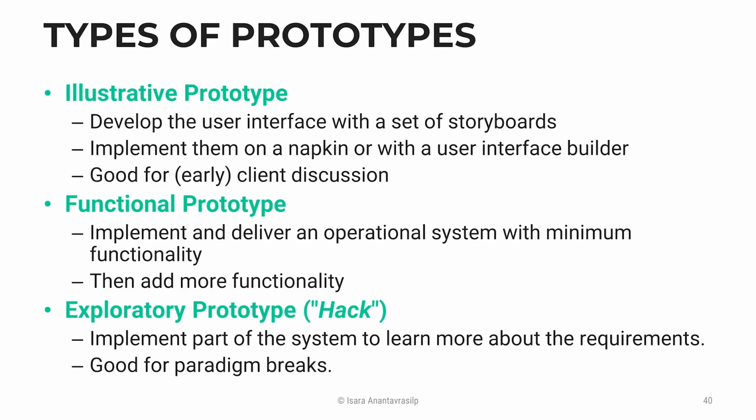You can also do two things with this kind of illustrative prototype. You can divide them into two categories. The first one is the low fidelity or low-fi prototypes. These are basic, rough, and quick representations of your software system. And you can also do the high fidelity or high-fi prototypes.